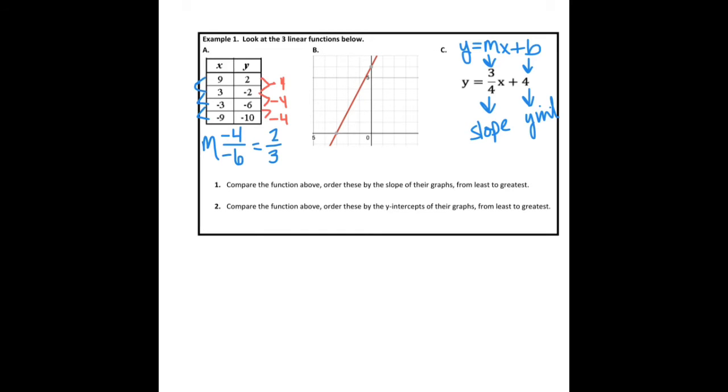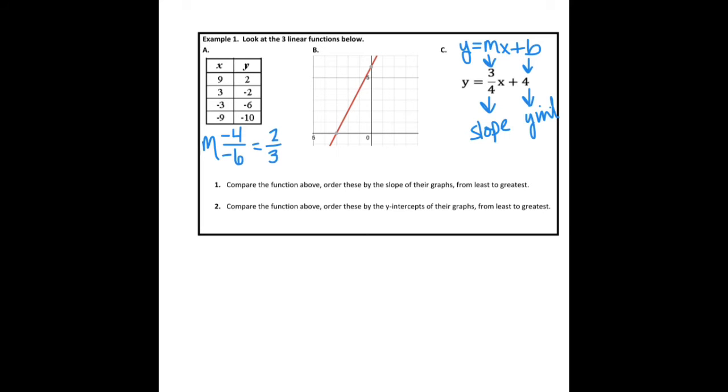Now the y-intercept is interesting because we know that a graph crosses the y-axis when x equals, yes, you're right, 0, when x equals 0. I notice that I don't have any ordered pair where x equals 0.